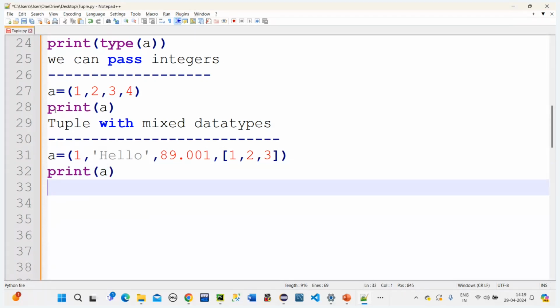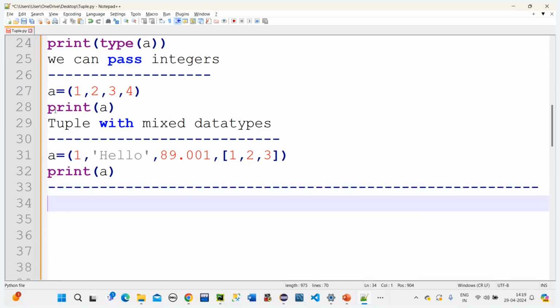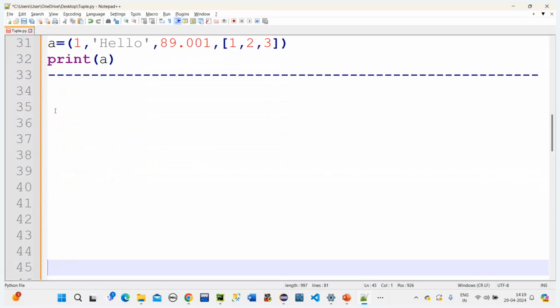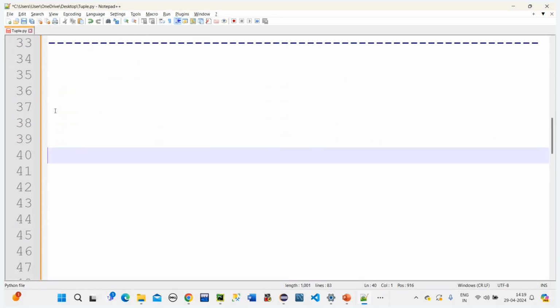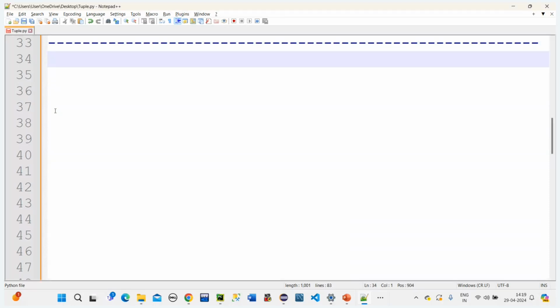Yes. Now I have a question for you all. Up to here we have seen how to create a collection of tuples with integers, with mixed data type, all this. Now you have to guess the output.